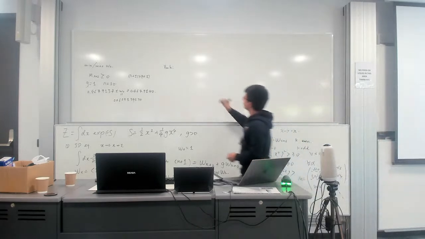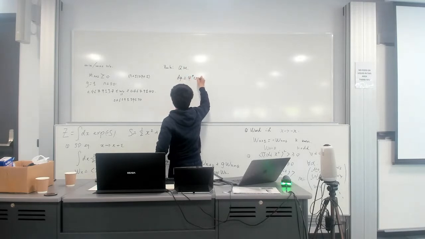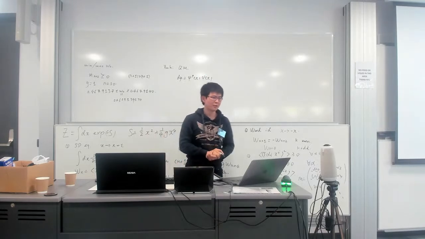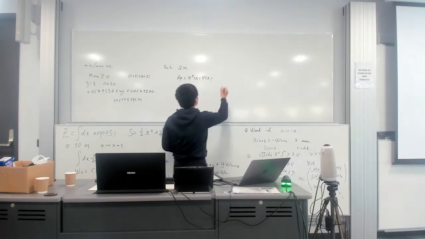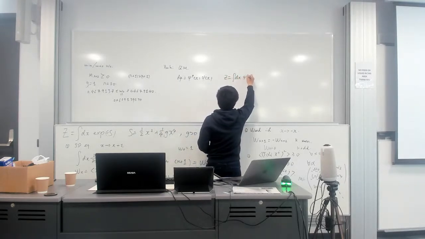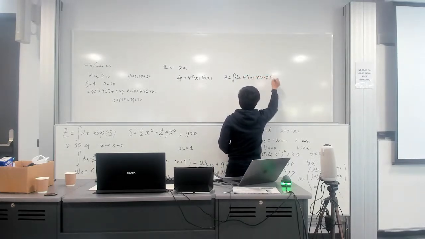Yeah. So quantum mechanics. Now, d mu, what is it? The most natural choice would be the square of the wave function. So you will have a trivial partition function here. By the normalization, it is 1.